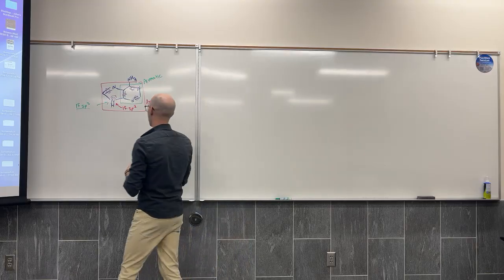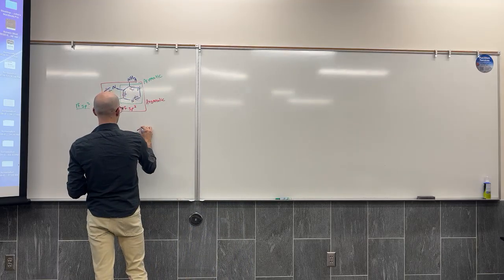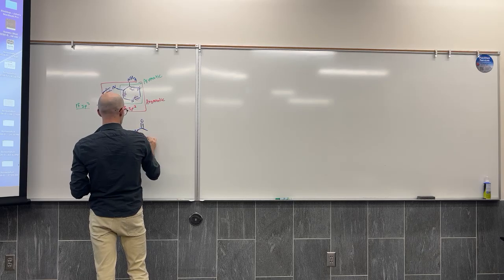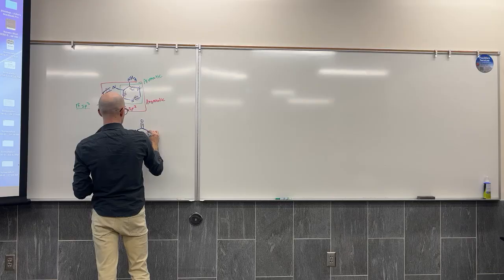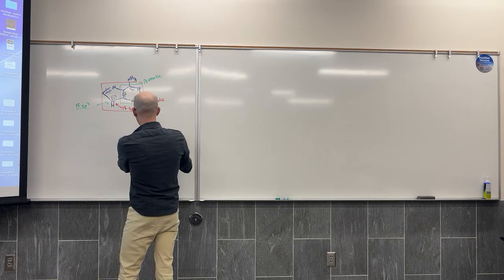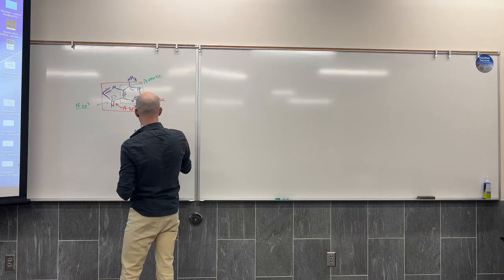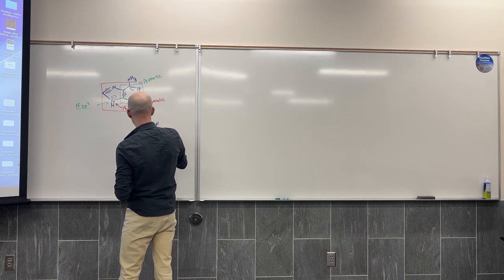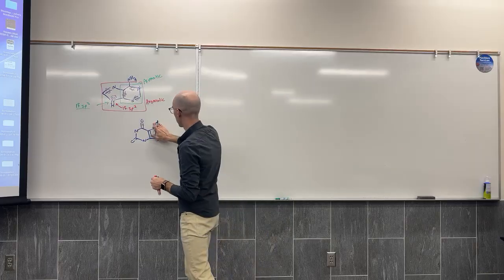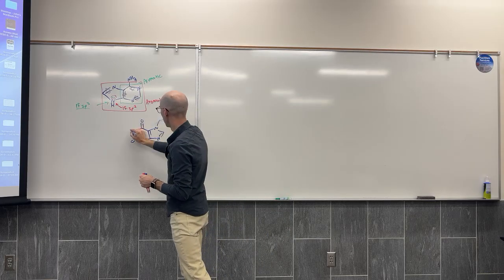There's a structure I didn't put on here. I kind of wish I had. Caffeine is a very interesting molecule to consider because caffeine has this structure, and these are actually methyl groups.